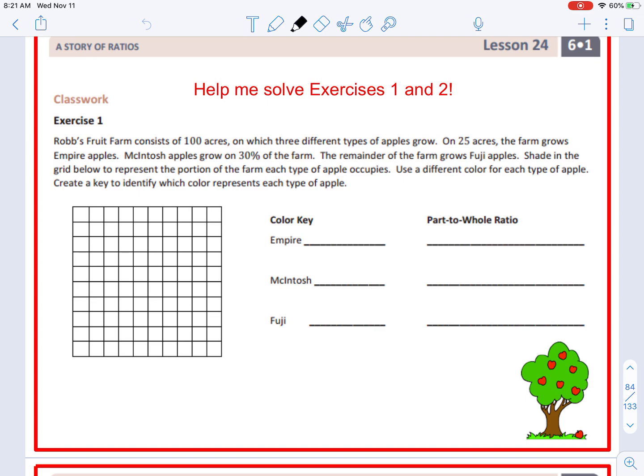Okay, so for the Empire apples, I'm going to use red. And the Empire apples occupy 25 acres on the farm. So Empire is going to be red, and it's going to occupy 25 acres. So I'm going to shade 25 out of the 100 boxes.